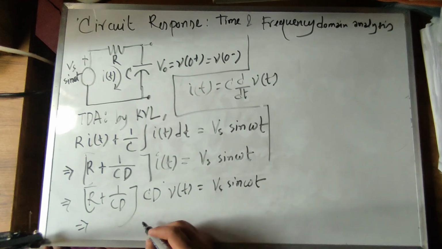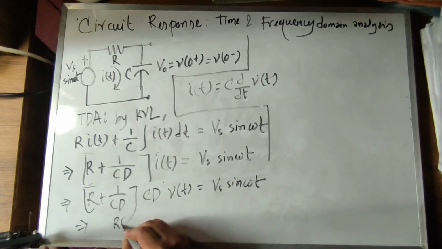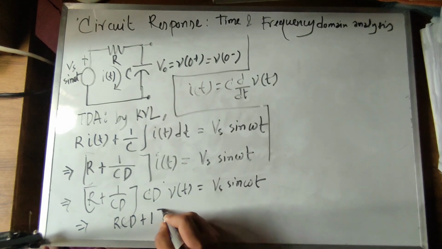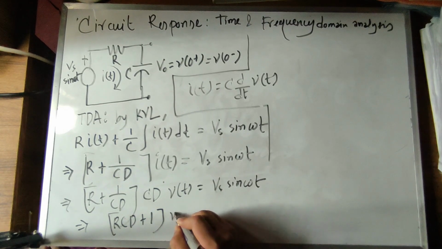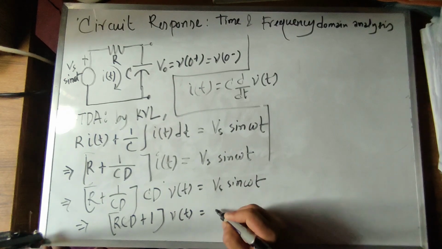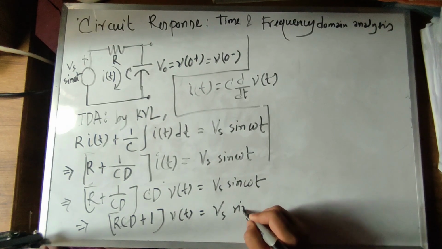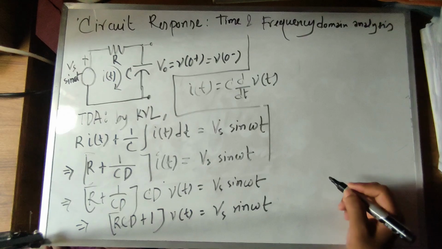So this gives us (RCD plus 1) V(t) equals Vs sine omega t.